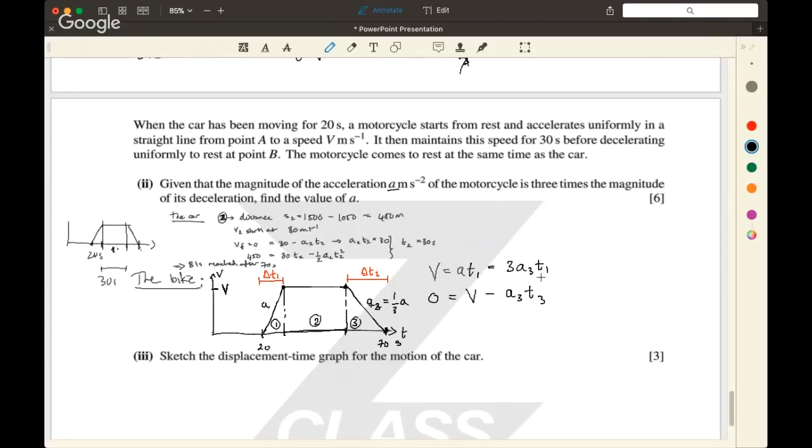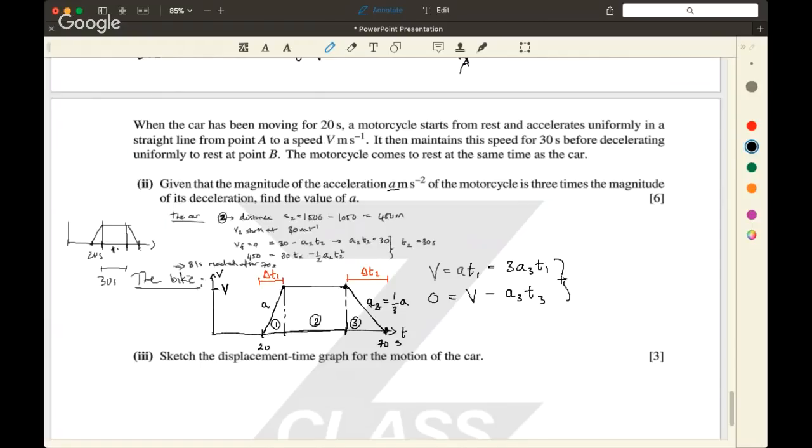And if we compare them, wait, this is 3, which is 1/3 A, so we leave this in terms of A3.